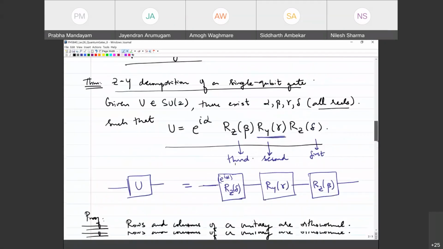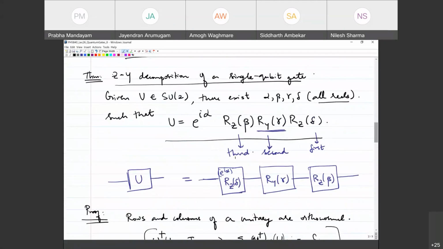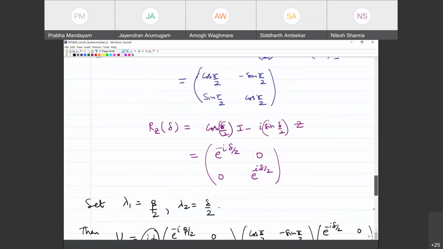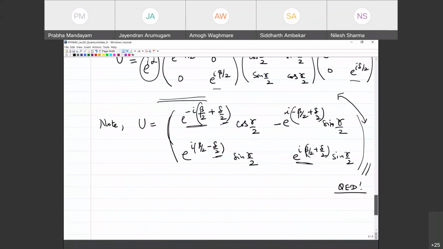Okay, so like I said, this is just one parameterization. Equally, one could do otherwise. So is this clear? No questions?